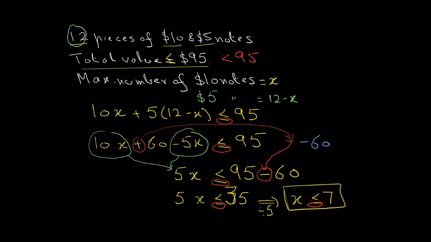If you solve this problem with less than or equal to 95, then the answer is x is less than or equal to 7, and the highest answer is 7 and not 6. So it depends on what you're trying to solve. I solved a slightly different problem from the book, but I just want you to know that in the book it's less than 95, so the answer should be 6 because x is less than 7. Okay.